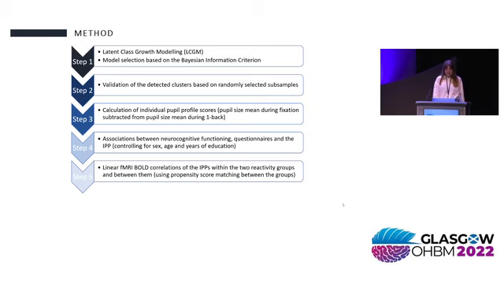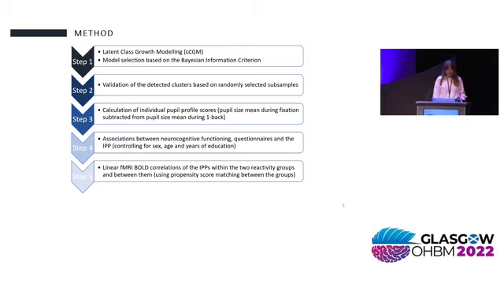This is a data-driven modeling technique which detects heterogeneity in time series data. So we have our time series with these different working memory conditions. It clusters groups of individuals based on their growth trajectories, which are defined by growth parameters such as intercept and slope. Then we selected the best fitting model based on the Bayesian information criterion.